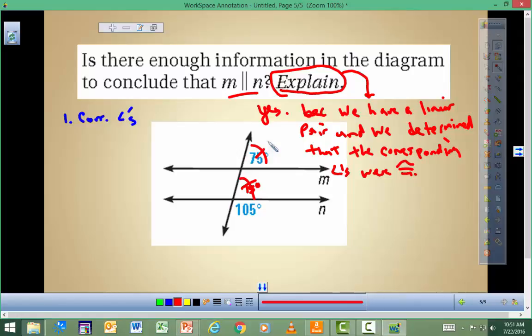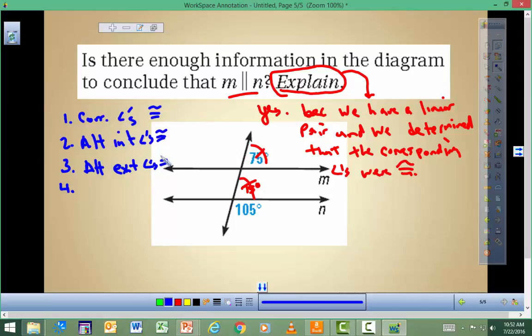Well, in any event, this was only one of the ways that we could have done it. I mean, there were like 3 other ways, and so I'll just briefly mention those. We could have shown that the alternate interior angles are congruent. We could have used the alternate exterior angles. We could have shown that they were congruent. We could have shown that these were congruent.